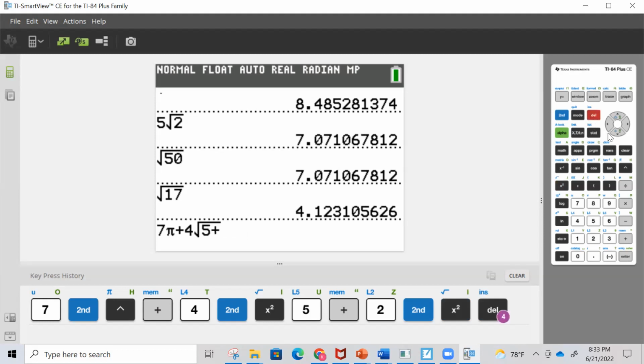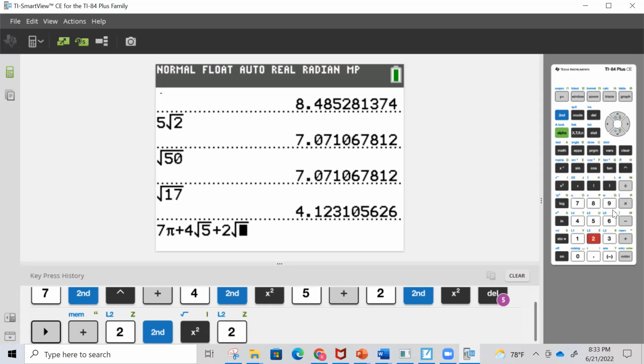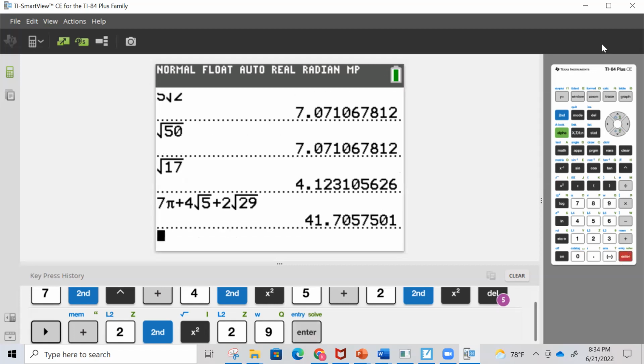You have to make sure you arrow out, which I did not. Once I do 4 square root of 5, I have to arrow over to get out of the square root. And then I'm going to hit plus 2 square root of 29. You don't want the 2 and the 29 to be underneath the square root. If that happens, you need to hit the arrow. Hit enter, and so we get 41.7 if I do 1 decimal place.